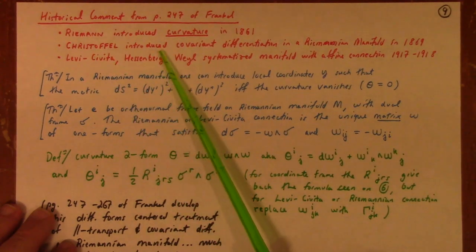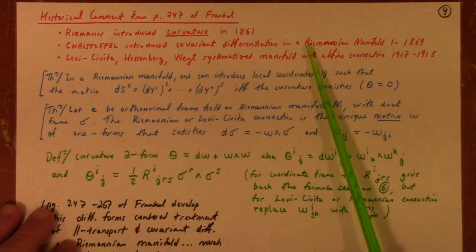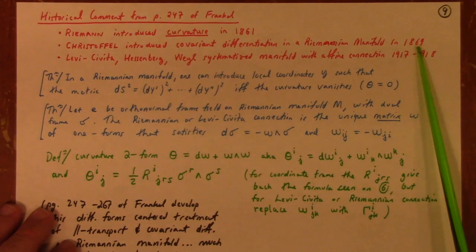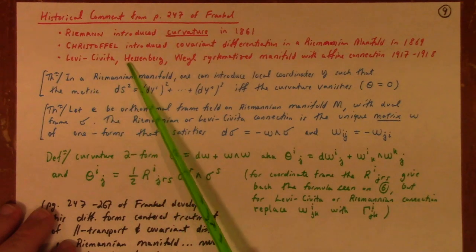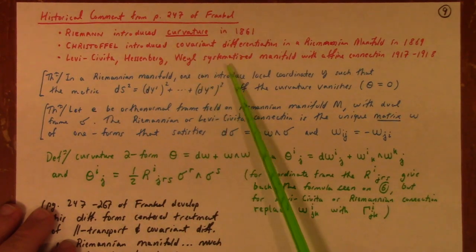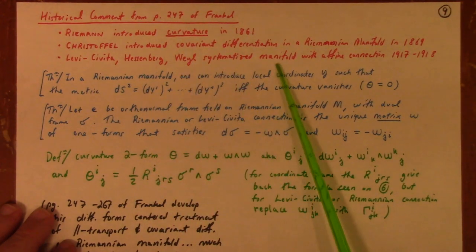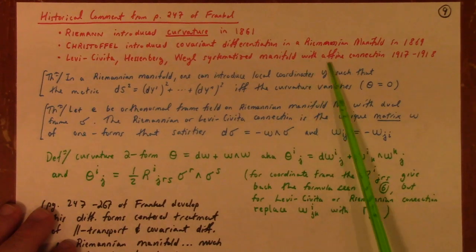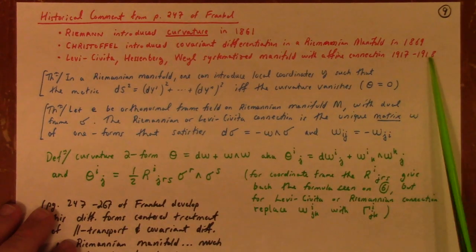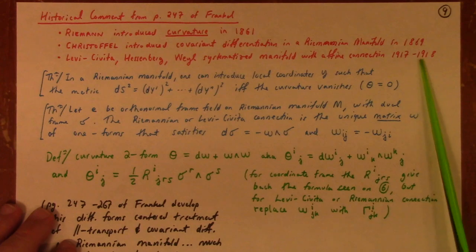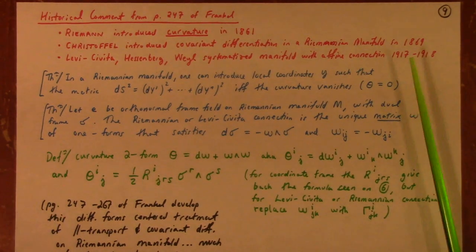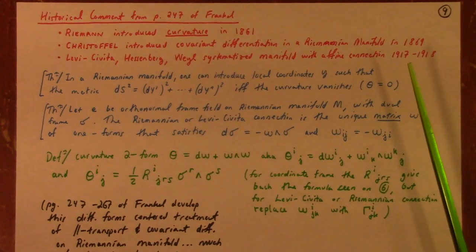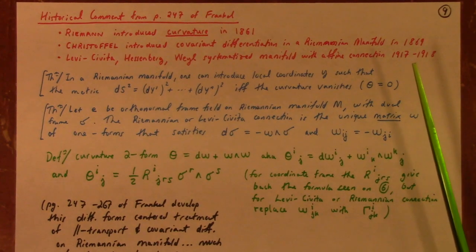But then Christoffel introduced covariant differentiation in a Riemannian manifold in 1869. And then a little bit later, Levi-Civita, Heisenberg, Weyl systemized the concept of a manifold and an affine connection in around 1917 to 1918. Keep in mind, in 1915, Einstein had already written the field equations from physical principles.